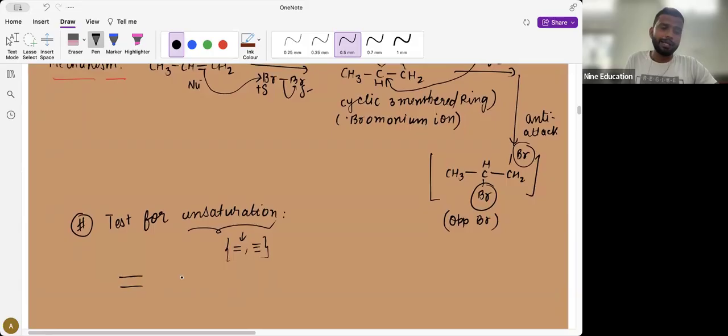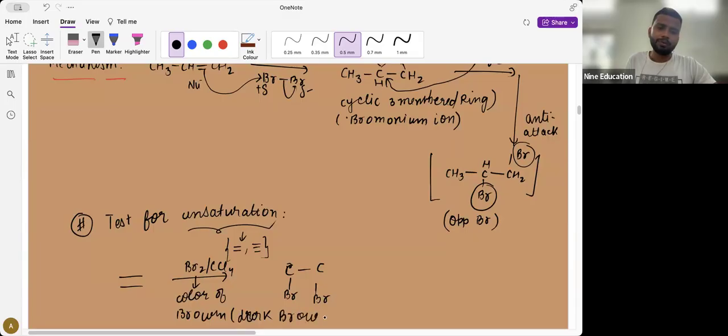Let's say you have an alkene and you put bromine in CCl4. है ना? तो ये क्या करता? बोथ कार्बन के ऊपर ब्रोमीन दे देता है. And the color of the bromine, which is dark brown, disappears.